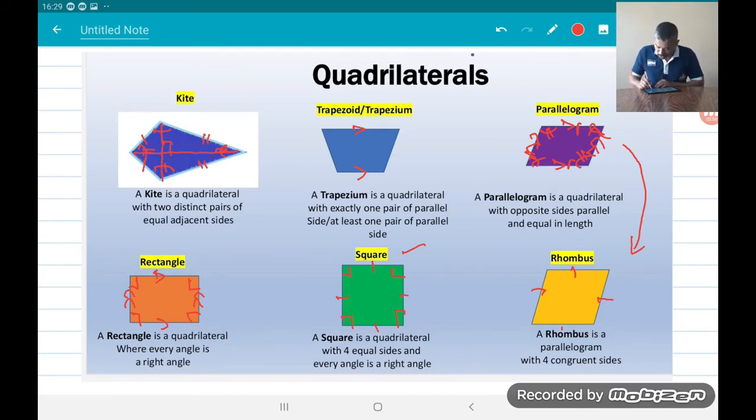For example, when you are talking about a rhombus, if this is 5 centimeters, all other sides are 5 centimeters: 5, 5. But for a parallelogram, it can be, for example, 7 centimeters and 7 centimeters, and the other two can be 5 centimeters and 5 centimeters. So that's the difference.